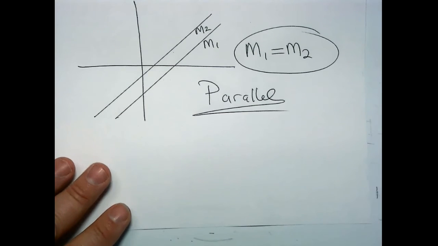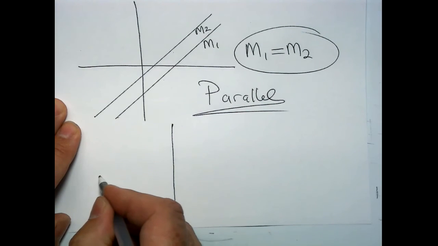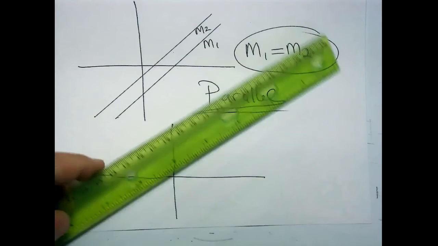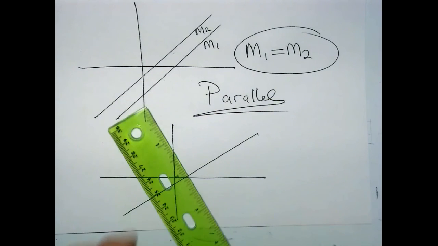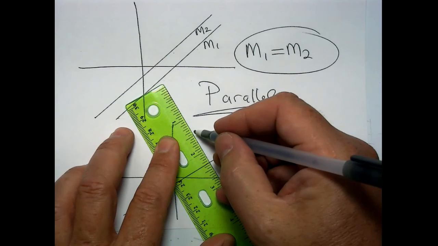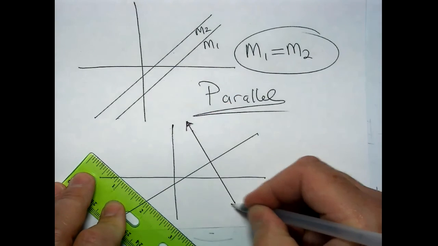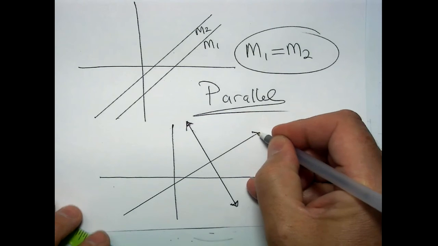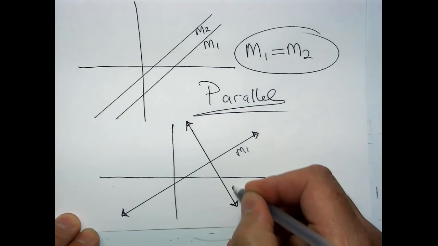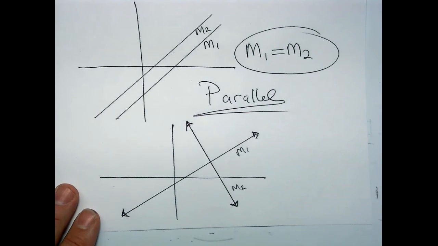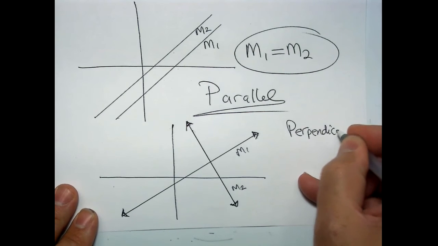How about perpendicular lines? Over here, I'll draw another xy plane, and I'll place one line here, and let's find a perpendicular line. There's a bunch of them, but here's one, right here. Now, think about the slope relationship. If this is slope 1 and slope 2, the first thing you could say right out of the gate for perpendicular lines is that they're opposite in sign.